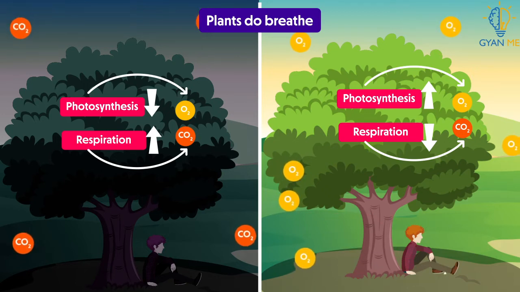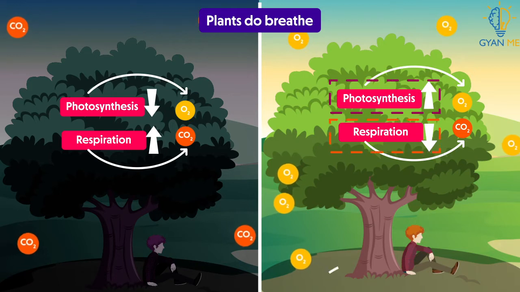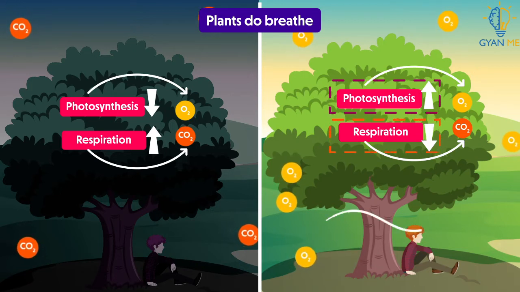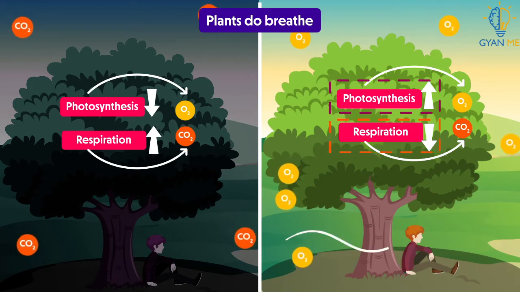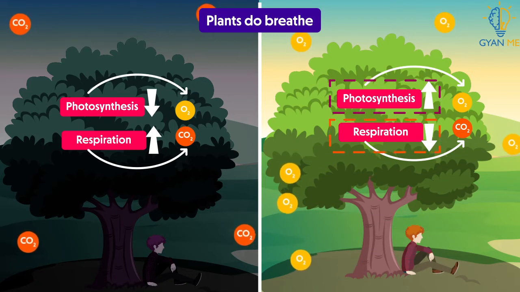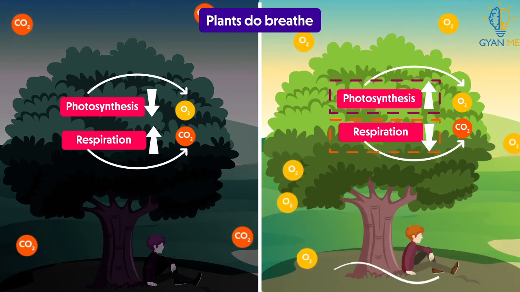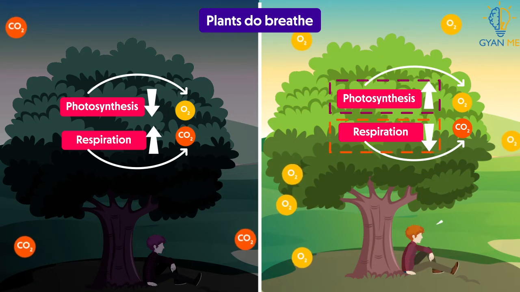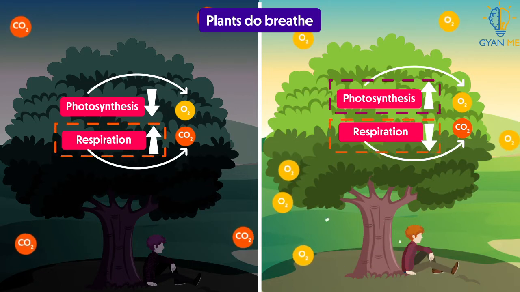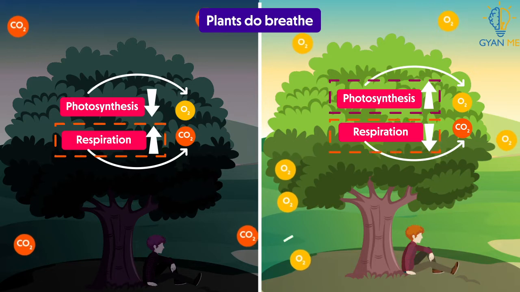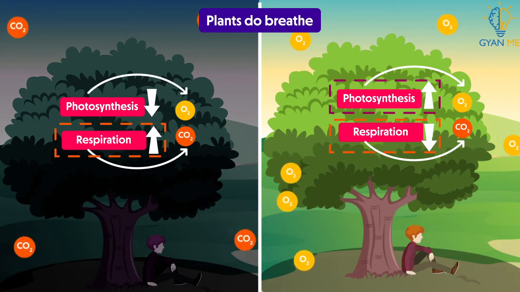We can also say that photosynthesis and respiration occur simultaneously in plants during day. But the rate of photosynthesis is much higher than the rate of respiration. While at night time, plants only respire or breathe and do not carry out photosynthesis.